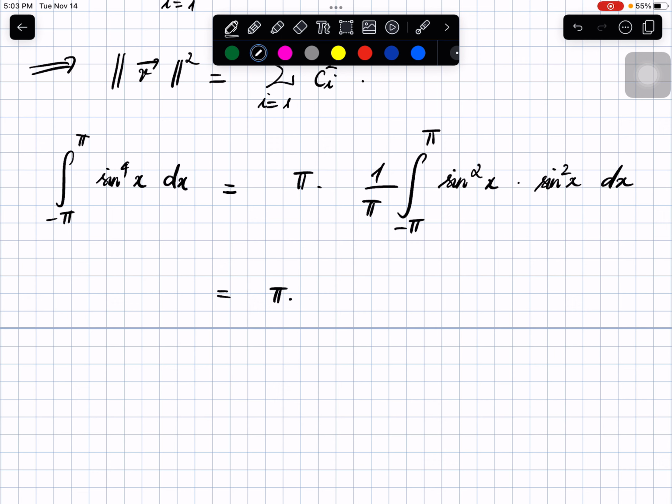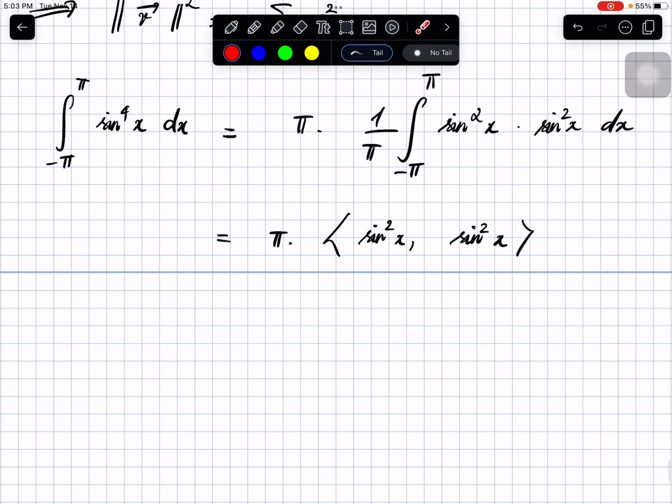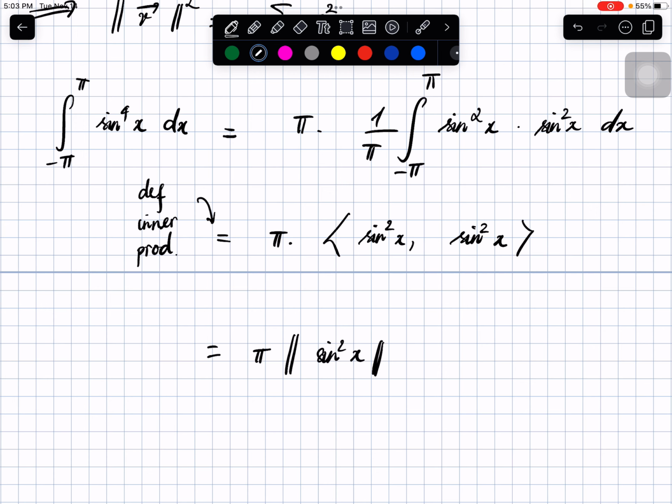So it is pi times the inner product of sine square of x with itself. That is the definition of the inner product. And this means this is the norm of sine square of x, squared.